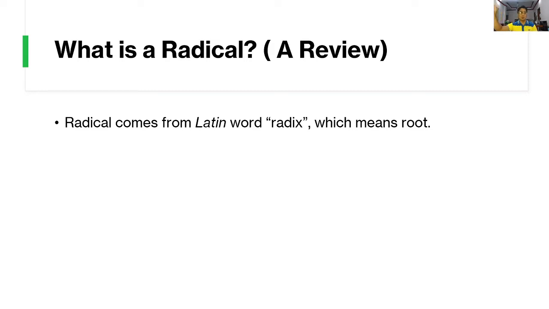So nalulunod daw or lumulubog yung araw. So kung mapapansin natin, may pinanggagalingan talaga yung bawat salita, hindi na-invento lang natin. Okay pa? So, sa karamihan ng terms na ginagamit sa math, nanggaling sa either Greek or Latin. The reason is, they are dead languages. Which means hindi na mag-evolve pa yung kanilang lingwahe. Okay? So, in this case, radix yung pinanggalingan.